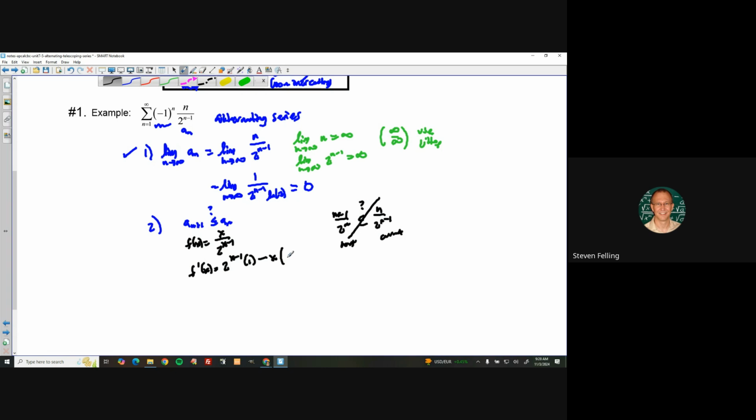The derivative is a copy times natural log of 2 times the derivative of the inside, which is 1, over low squared, (2 to the x minus 1) squared. And I just want to determine the sign of this.